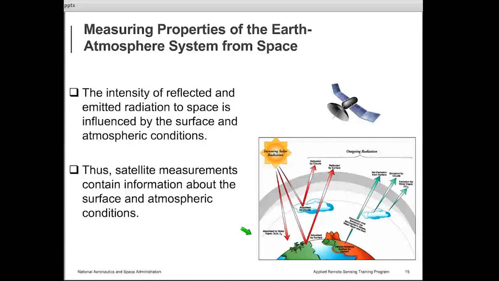If the surface is bright, if there is vegetation, we have to take into account the contribution from the surface and take that out of the total signal. So depending on your application, whether you're trying to get information about the atmosphere or land, you have to make corrections either for atmosphere or for the land.